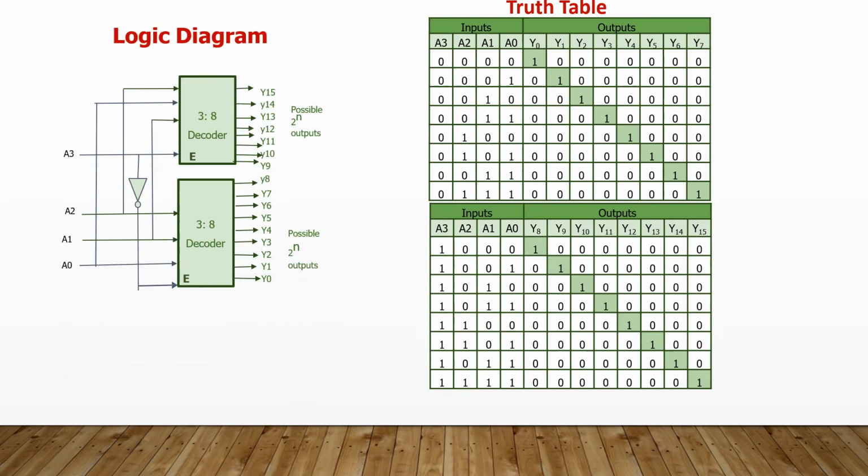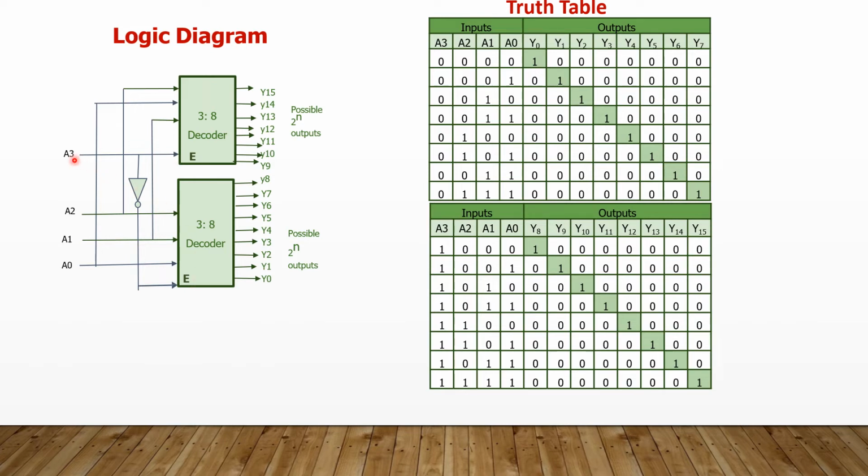Implementation. This is the corresponding logic diagram, and we'll be using 3 to 8 line decoders to construct a 4 to 16 decoder. Since it is a 4 to 16 line decoder, it will have 4 inputs and 16 outputs. Based upon the enable inputs, when A3 is equal to 1, the first decoder is enabled and we get the outputs from Y9 to Y15, while the other decoder is disabled.